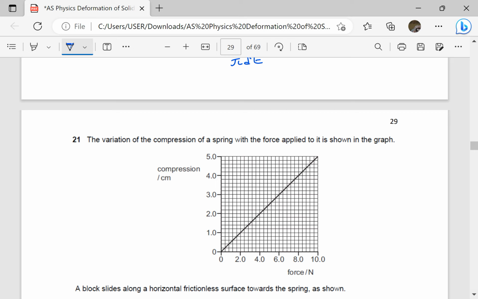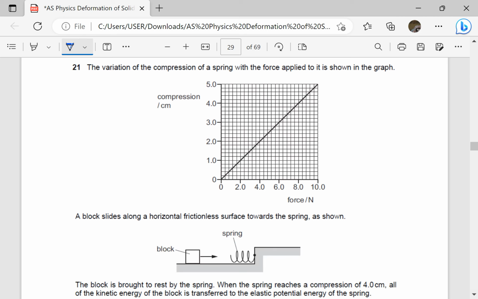The variation of the compression of a spring with the force applied to it is shown in the graph. A block slides along a horizontal frictionless surface towards the spring as shown.